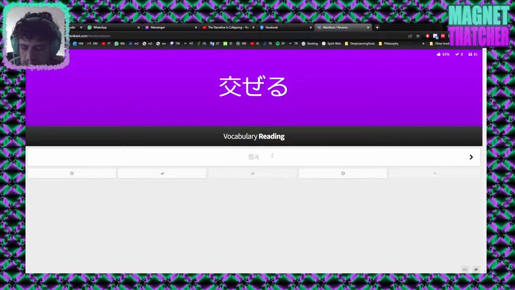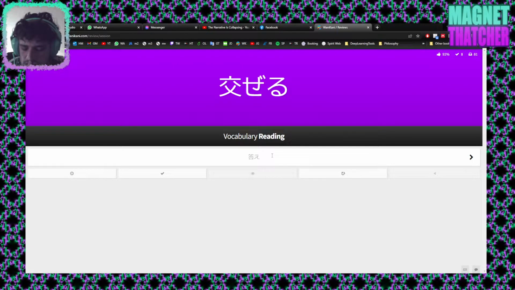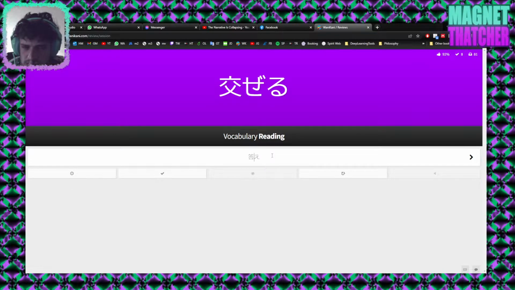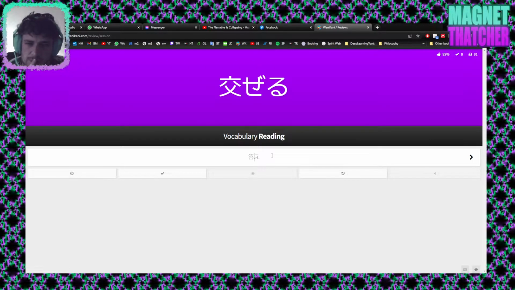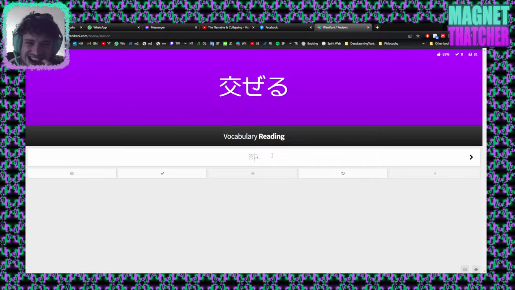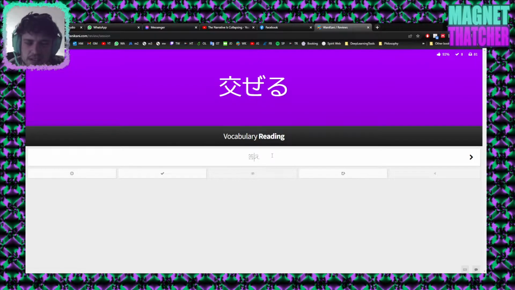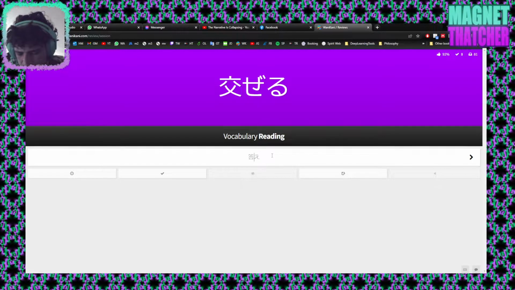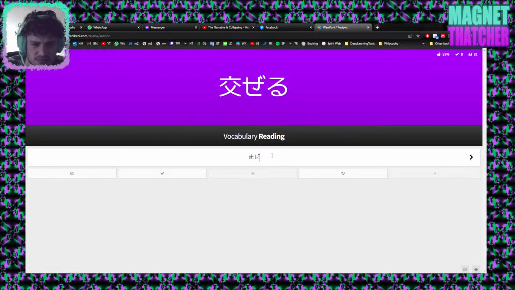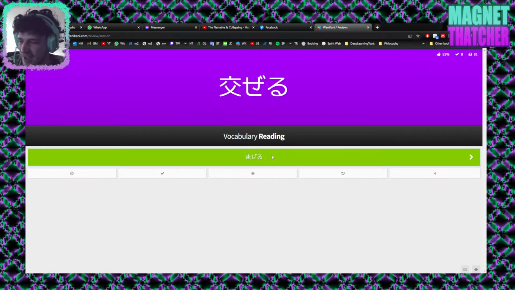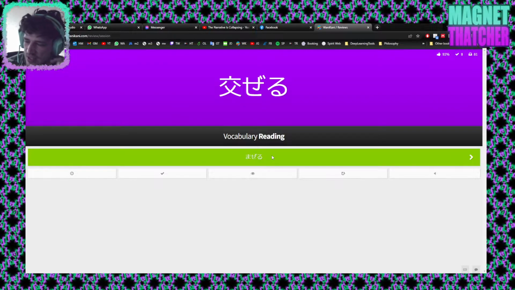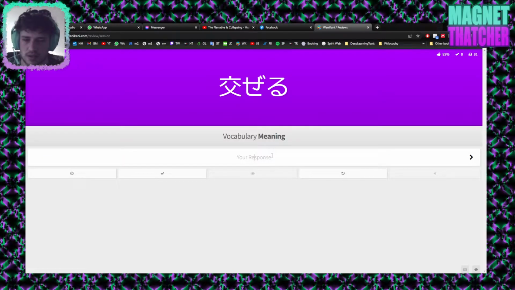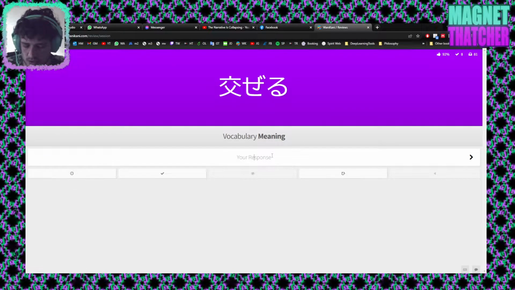Vocabulary for mix. Mazeru. Yeah, I remember my mnemonic now. Mazeru: it's like when you're in a maze, you get mixed up about where you are. So that's how I will try and remember that one. To mix.